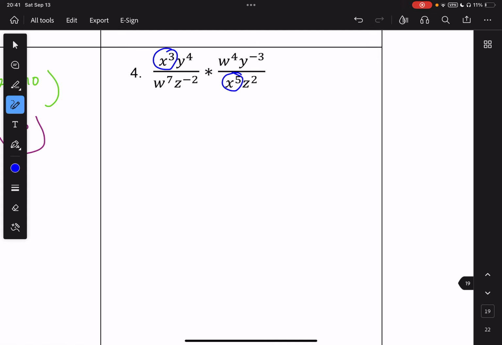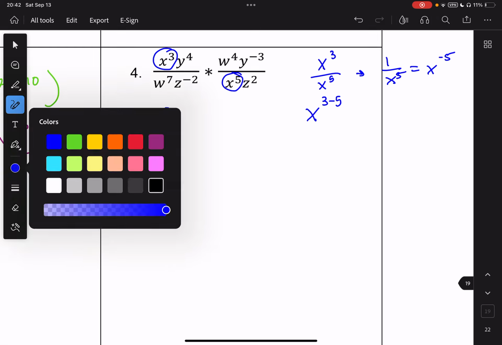So remember the rule, whenever we have a number over itself, we subtract the exponents. So this would look like x to the third minus the fifth. And we can do that because remember, 1 over x to the fifth is actually just equal to x to the negative 5. So when we combine the fractions, it looks like this. So the first part we get is x to the 3 minus 5.